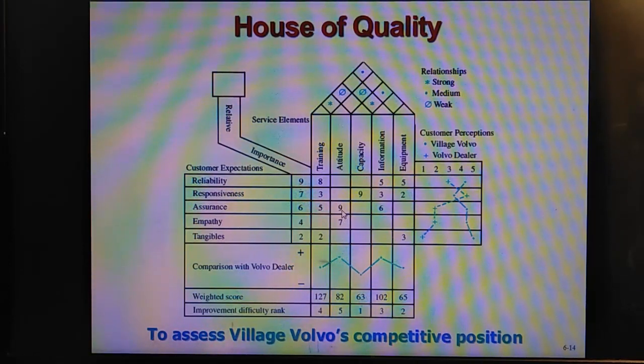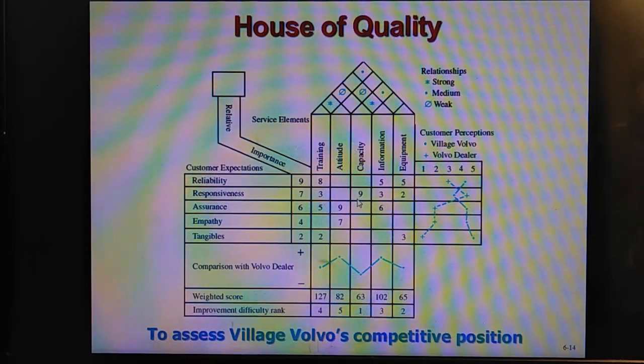If the attitude is high, then the assurance is also high, which is 9. Capacity, the ability to give the service, and responsiveness are also high, and so on. So these are basically the relationships between service elements and customer expectation.